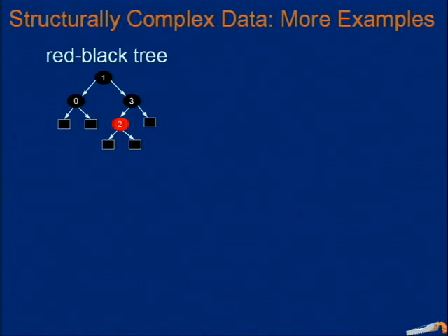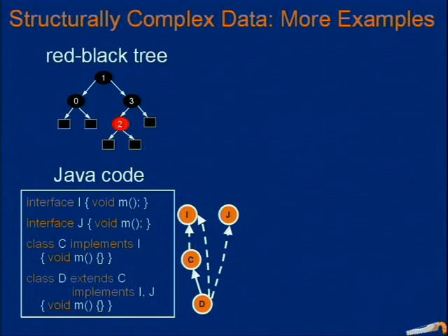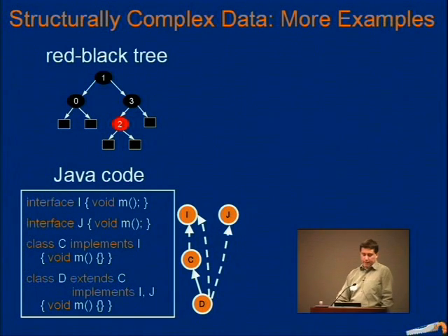Here are some other examples of such structurally complex data. Library code often has a lot of such data structures, say red-black trees or other complex structures. Java code can also be viewed as structurally complex data. If you just look at the text itself, it does not look like it has any structure.